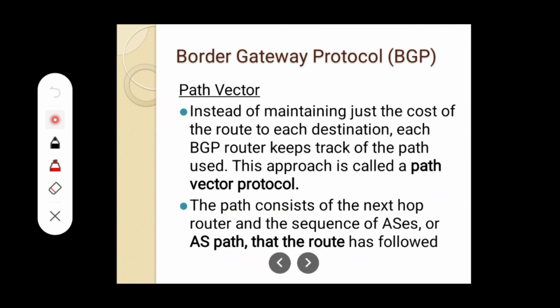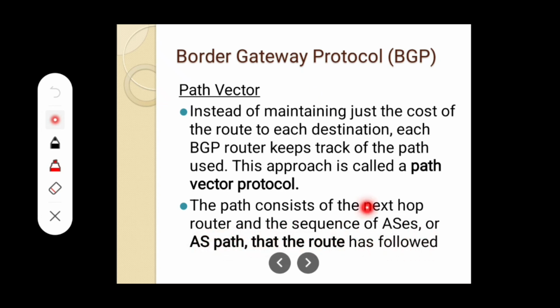This is the statement that is explained here. Instead of maintaining just the cost of the route to each destination, each BGP router keeps track of the path used. This approach is called path vector protocol. The path consists of the next hop router and the sequence of autonomous systems, the autonomous system path that the route has followed.